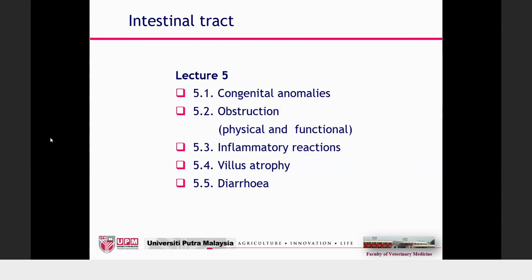When the intestinal wall is thickened, it also leads to narrowing of the lumen. Not forgetting when there is some compression of the adjacent intestine, or even when the intestine might get twisted, that will lead to obstruction. So these are very important topics of the intestine, although the most important of these 5, as I mentioned earlier, is the inflammation, followed by villus atrophy and diarrhea.